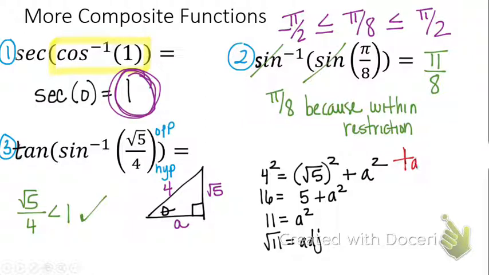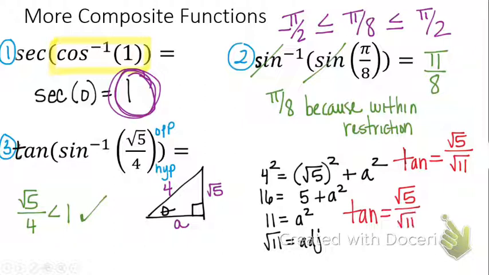Okay, so tangent equals opposite, which is the square root of 5 over the square root of 11. We can't have a square root in our denominator, so we're going to multiply top and bottom by the square root of 11.